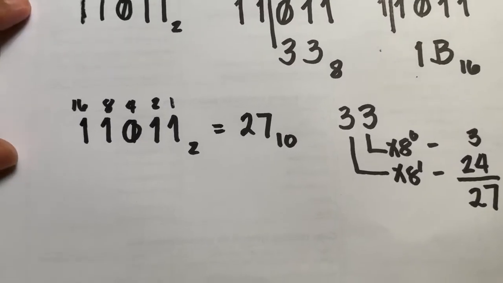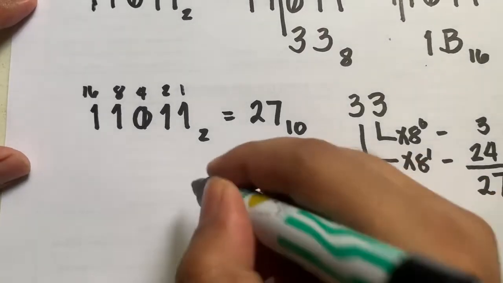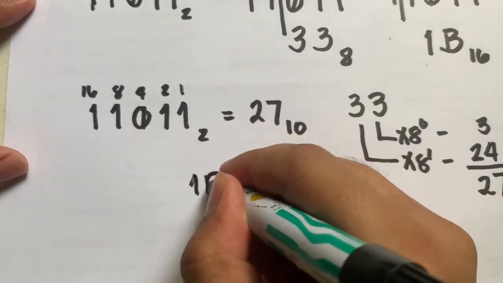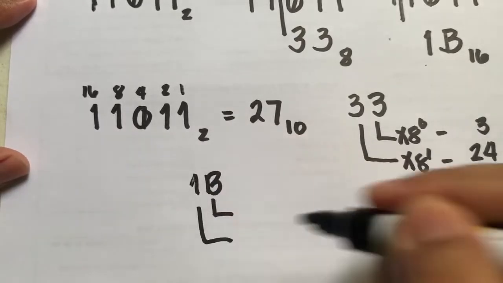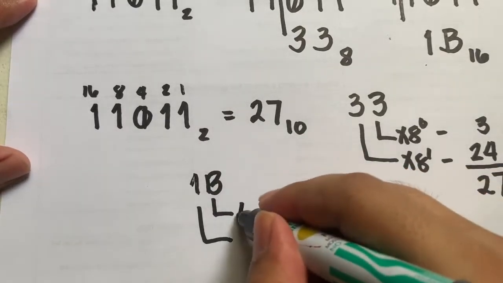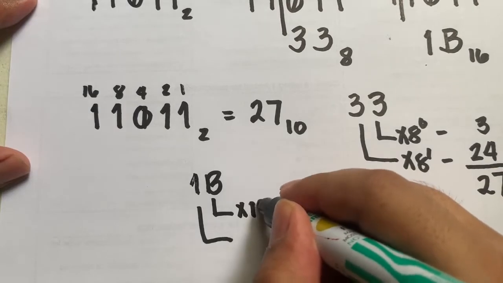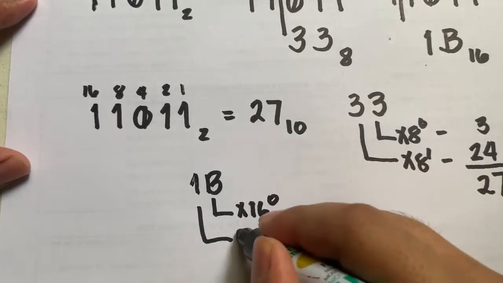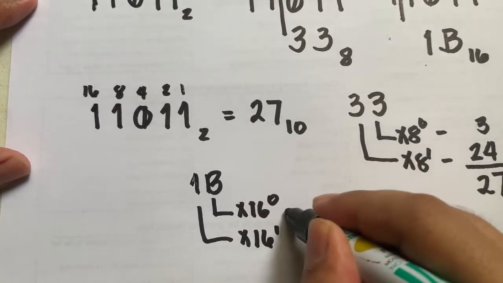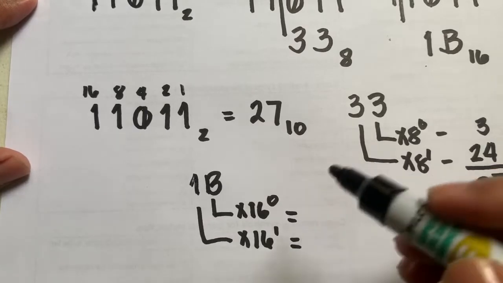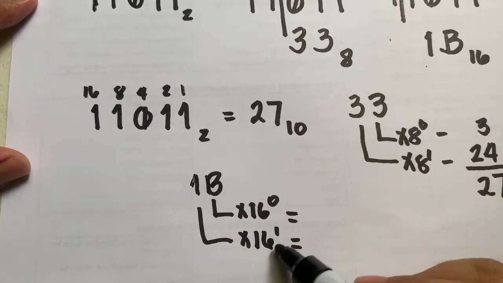And lastly, we can use the hexadecimal equivalent to get the decimal conversion. This time we're going to multiply it by exponents of 16, starting with 16 raised to 0 and then 16 raised to 1.